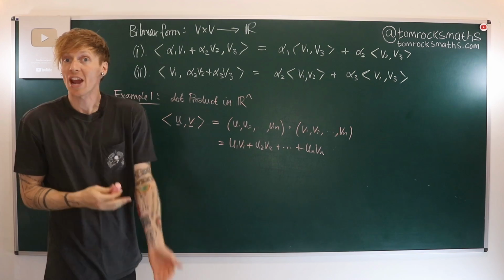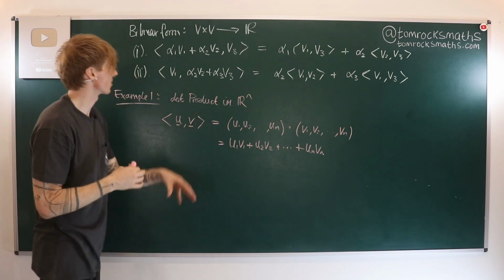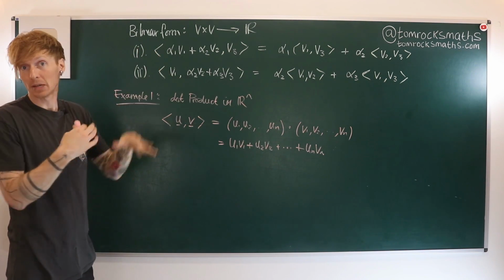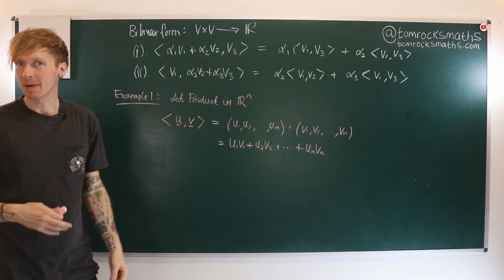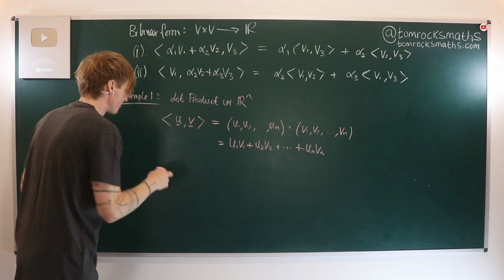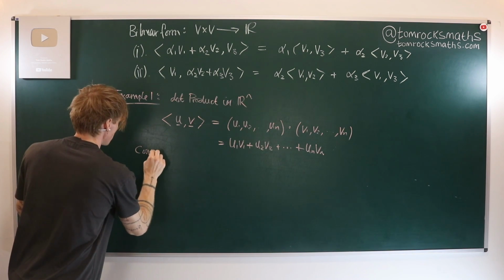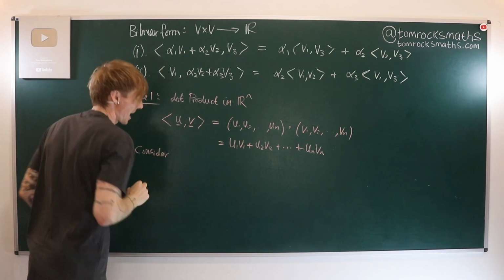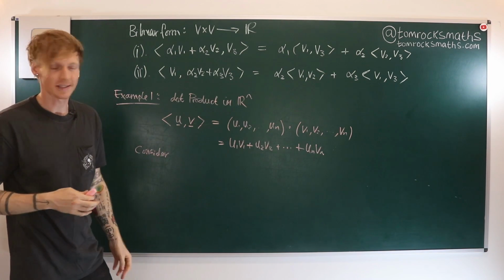Now, we want to check that this does indeed satisfy our two properties in order to be declared a bilinear form. So let's consider an example. So we'll just look at the first position for now, but the second one will follow in the same way.